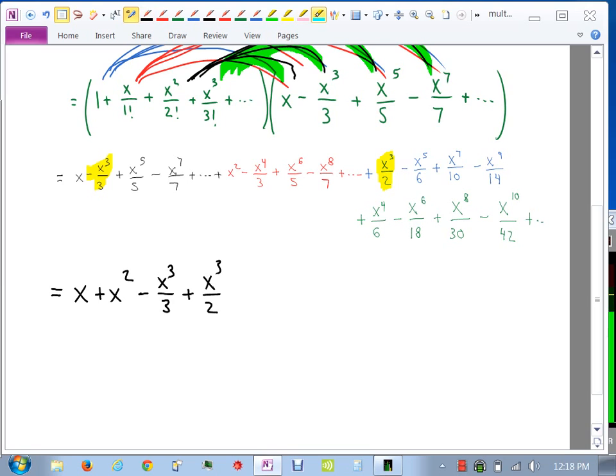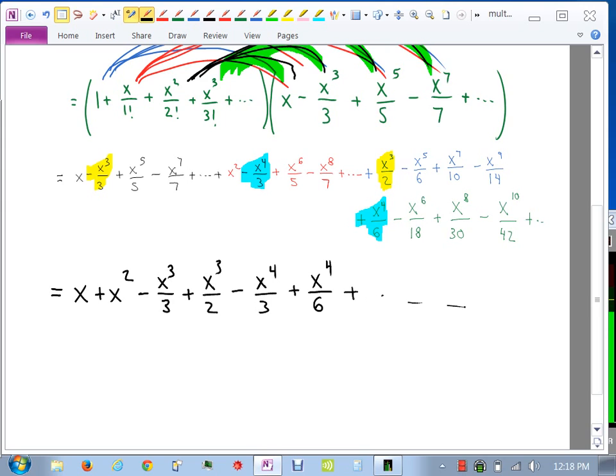Okay, but the next one now, what would our next one be? x to the 4th. We have an x to the 4th here, and an x to the 4th here, which would be negative, well, you can do a common denominator of 2. I'm going to write it down so everyone knows what I'm doing first.